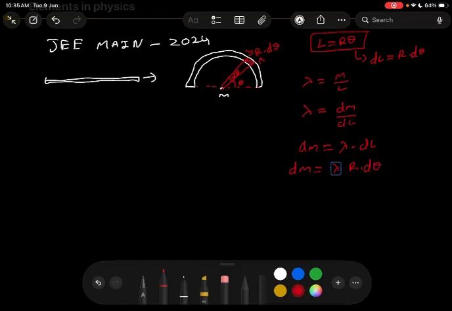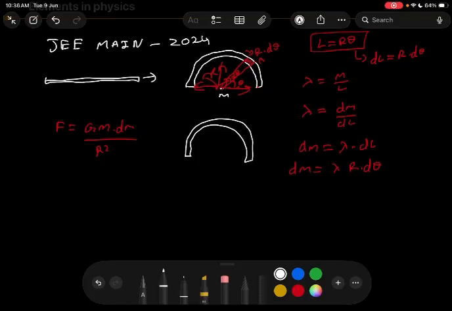We know that the gravitational force is F equal to G m dm by r square, as the distance is basically r. This makes sense, I suppose. One more thing, guys: the force can act like this, like this, and so on. So how is the force acting? This is very important. Let's consider this as some theta.